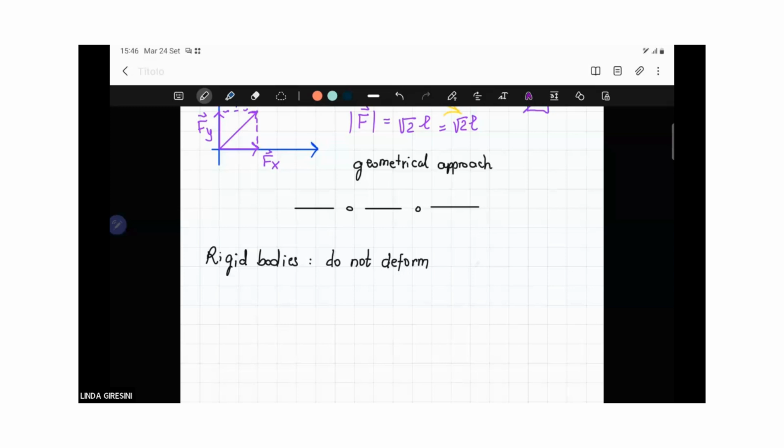So if, for example, this circle is a rigid body, this is a sphere, for example, and I apply a load on that, for example, a force like this, which, by the way, is called a concentrated force.